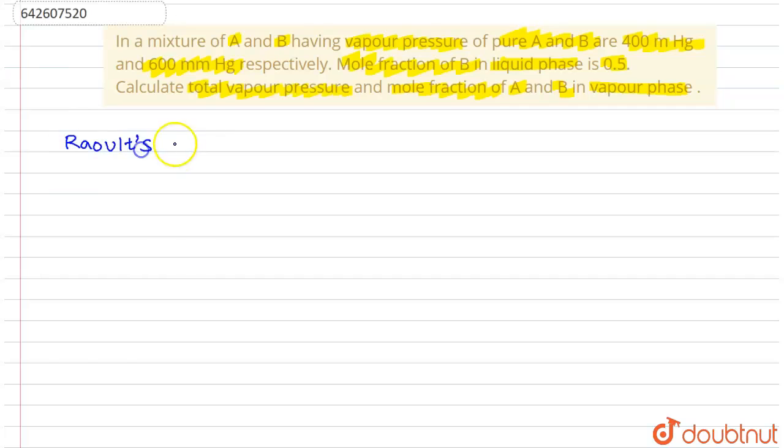So the first formula is total pressure, that is PT, is equal to P naught A, that is vapor pressure of A, multiplied by its mole fraction, plus P naught B multiplied by its mole fraction of B. This is the one formula that we are going to use.